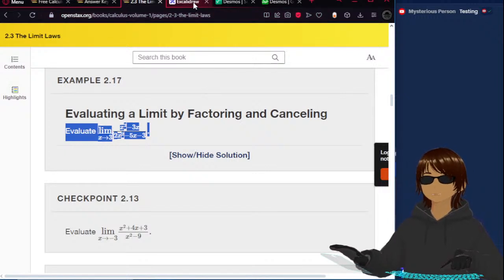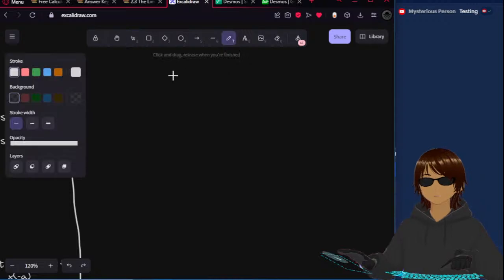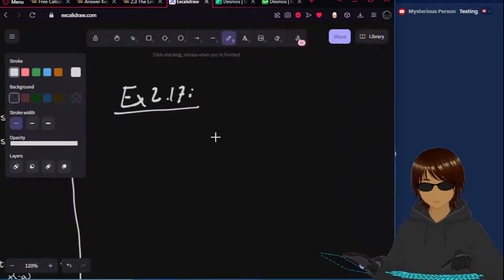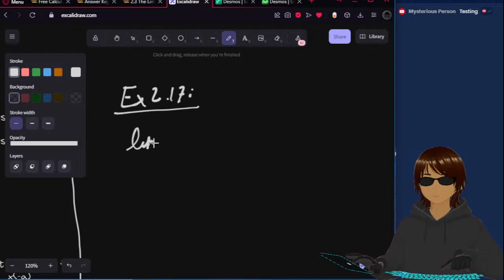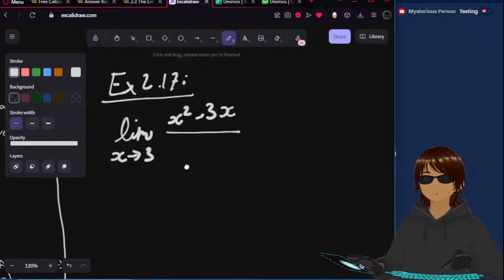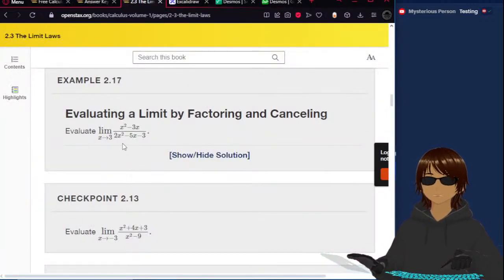What is this? Example 2.17. The limit as x approaches 3 of x squared minus 3x over 2x squared minus 5x minus 3.